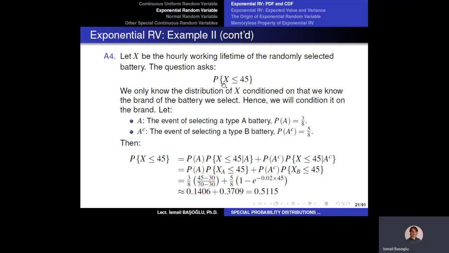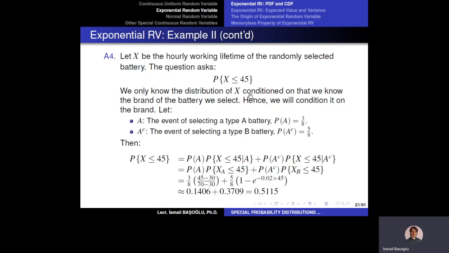And the question is asking the probability of X being less than or equal to 45 hours. So at most, it is going to work for 45 hours. And we know that if we know the brand of the batteries, then we know the distribution of X. However, if somebody does not give us this information, the distribution of X is unknown at the moment.